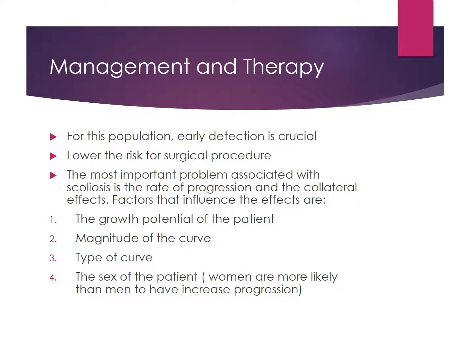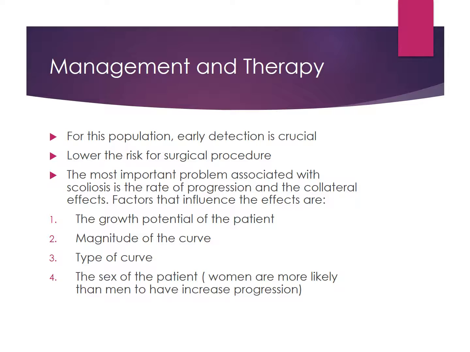So, management and therapy for this population: early detection is crucial. The earlier, the lower the risk for surgical procedure. The most important problem associated with scoliosis is the rate of progression and the collateral effects.